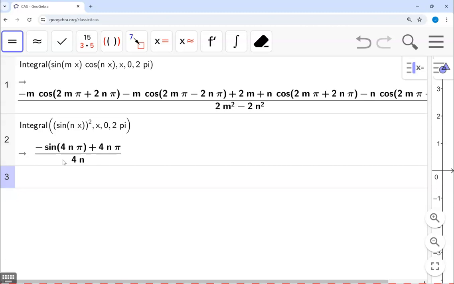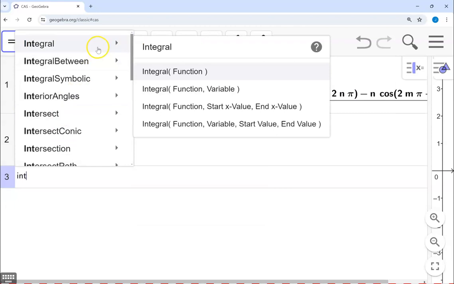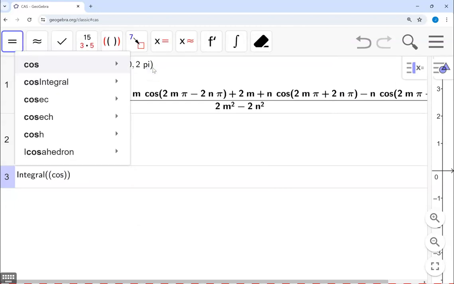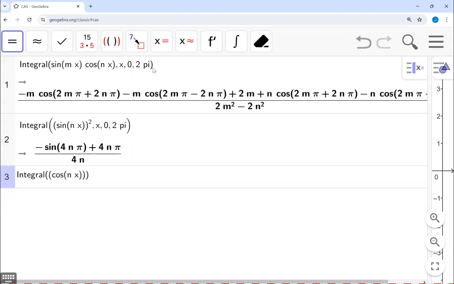Let's do the same thing for cosine. Integral function. We want to do cosine of nx squared from 0 to 2 pi. Same exact syntax. All I did was replace sine with cosine.